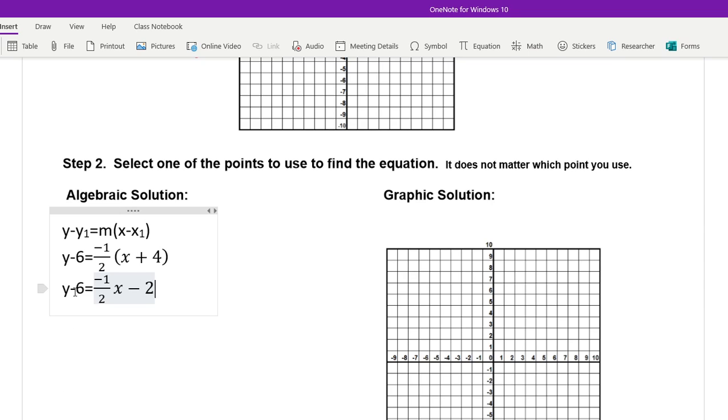Our last step, we need to get rid of the -6 by adding 6 to both sides. Adding 6 to the left expression cancels it out. We're still left with the -1/2 x. And we would combine the +6 with our -2, which would give us a +4.